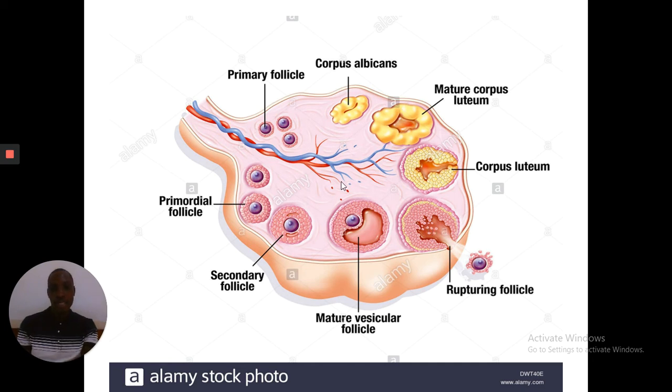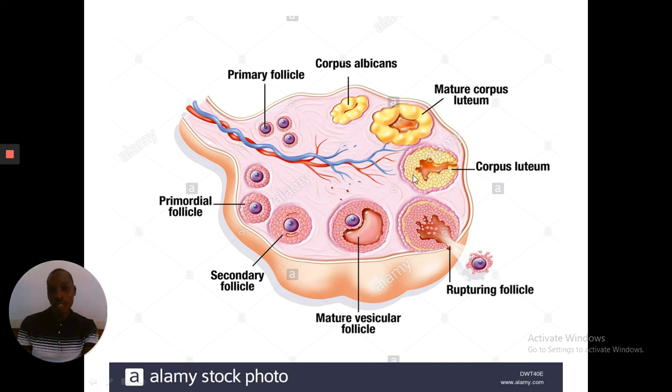Now, after ovulation takes place, of course, we had a whole Graafian follicle here. This ovum is the one here which has been released. So what is remaining? We still remain with a structure here. This structure that remains is going to get blood supply, and then it forms what we call the corpus luteum.